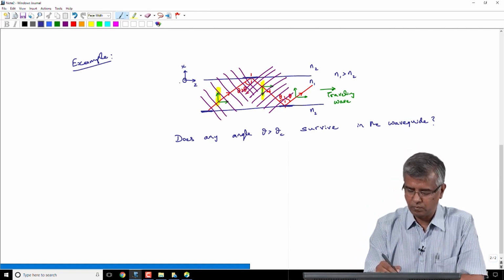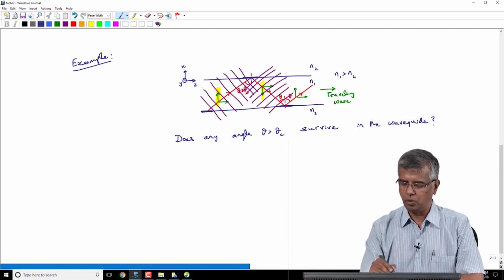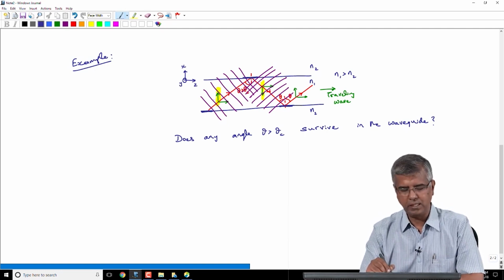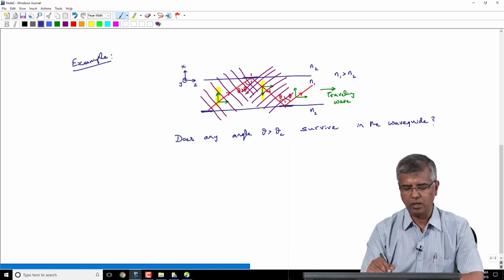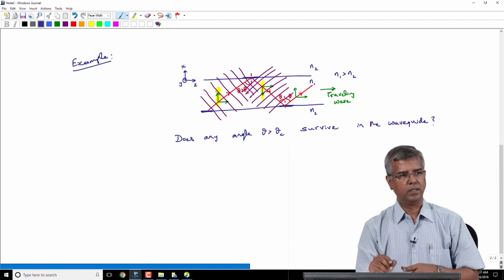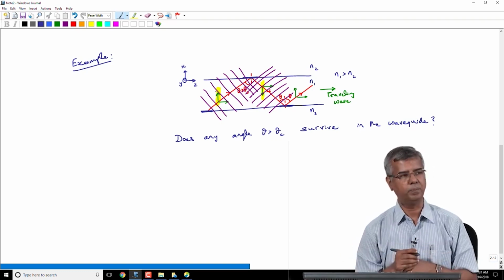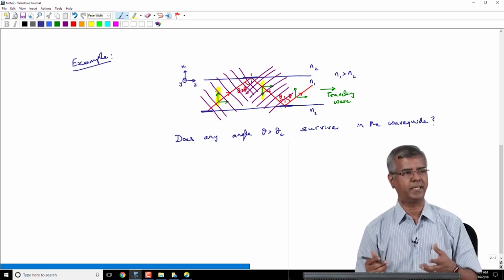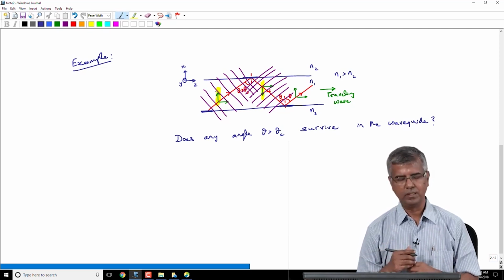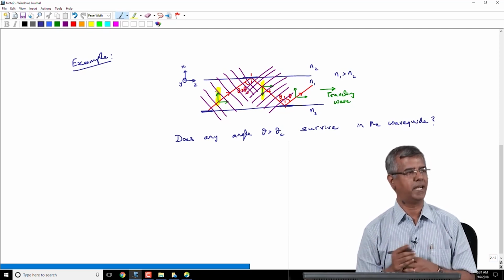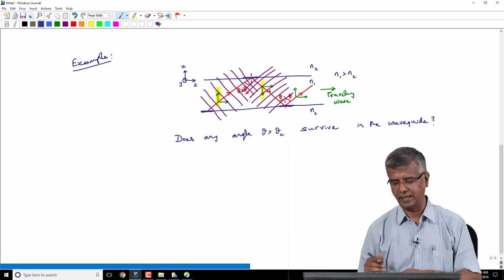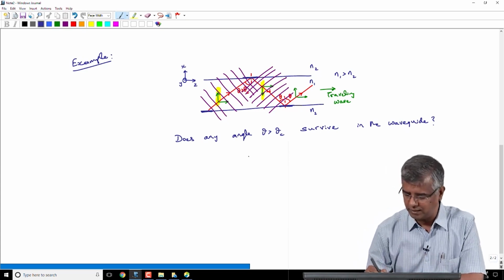So, that would be y. Now, what we are saying is the phase accumulated for this vertical component over a round trip has to be integral multiples of 2 pi, so that it satisfies the constructive interference criteria.